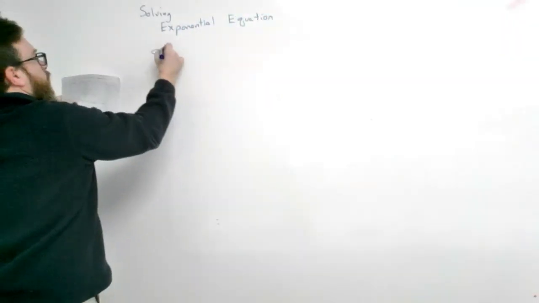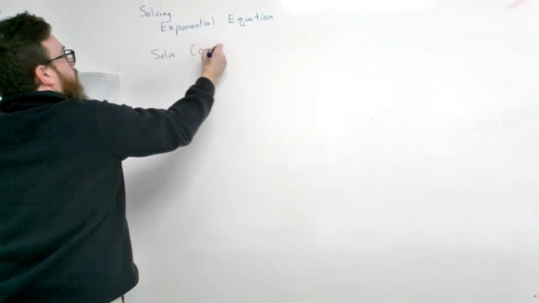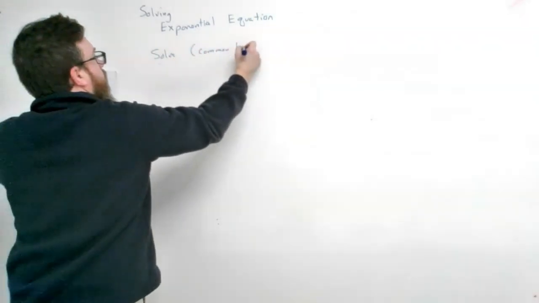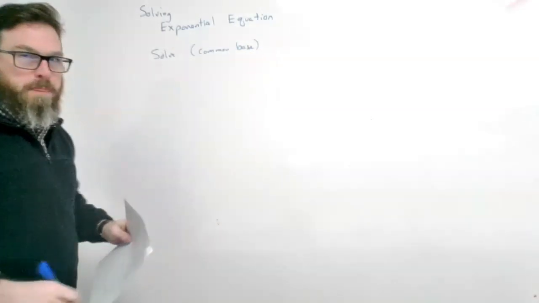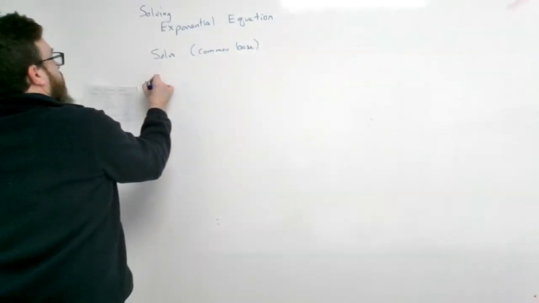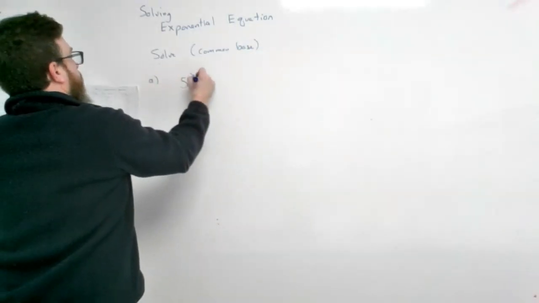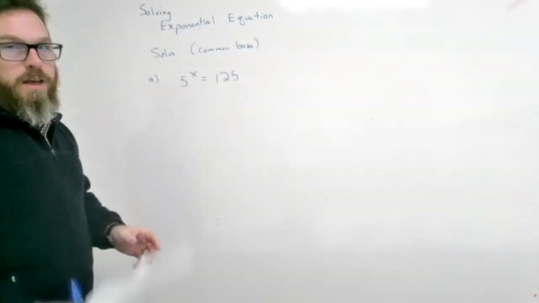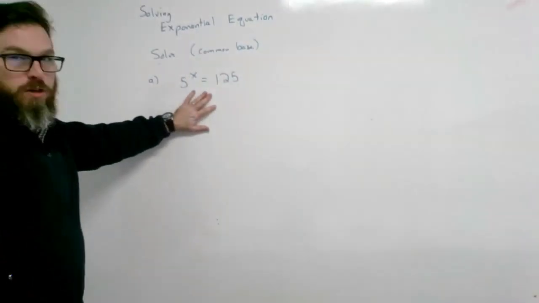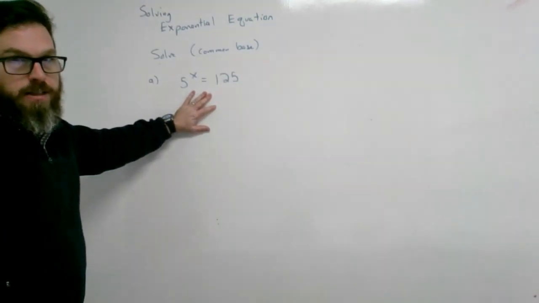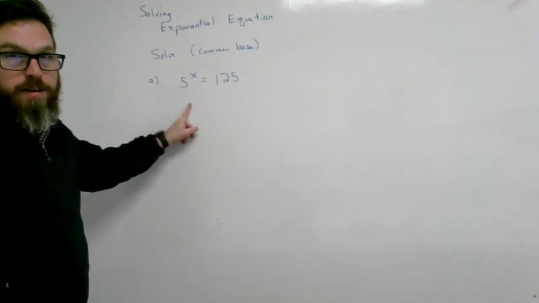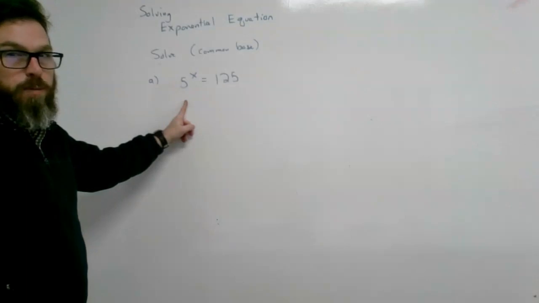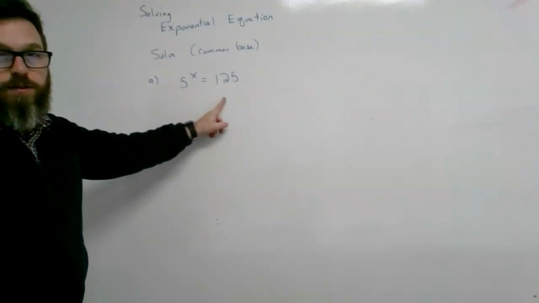So first we're going to solve what I consider common base equations. So A, 5 to the x is equal to 125. If I want to solve this exponential equation, what I know is I can write both sides as a common base. This is already written as 5 to a power, and this can also be written as 5 to a power.